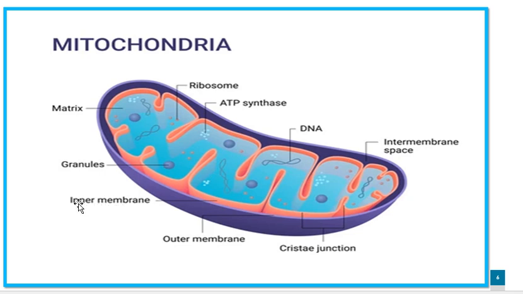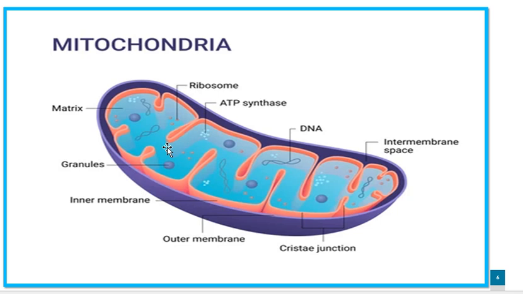We also have the membranes or covering: an inner membrane and an outer membrane. Its folds are what we call cristae, and every fold is what we call cristae junctions. And then we have the presence of DNA, because take note, DNA is very important. And then we have the intermembrane space.